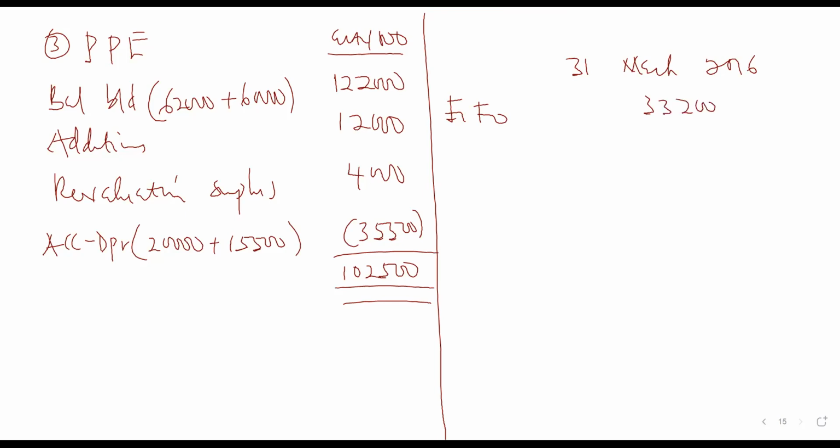No, 2016 is what? 33,200, isn't it? Yes, okay. Sir, but this was a closing balance, right? Yes. So if you count to the 2017 year, this will now become an opening balance. Can you see that? Yes, sir. Okay. So it means that we have overstated our inventory for 2016.